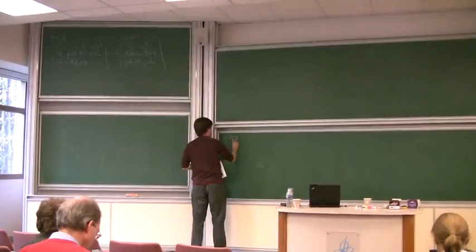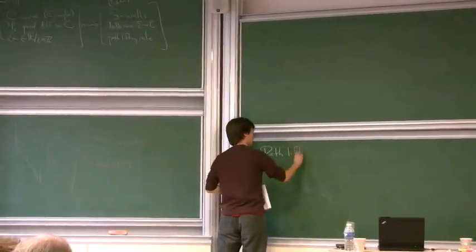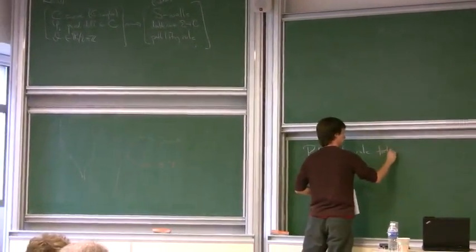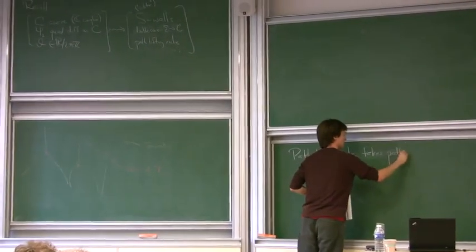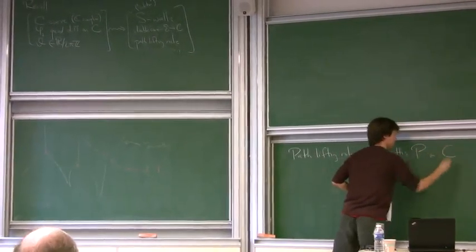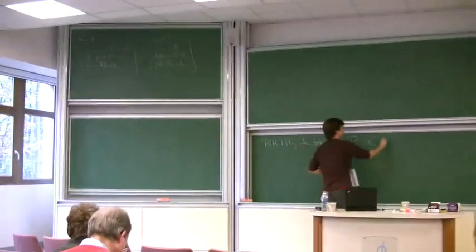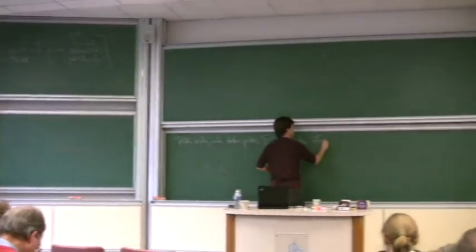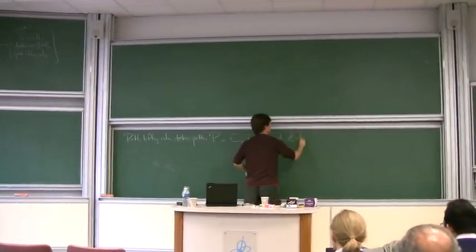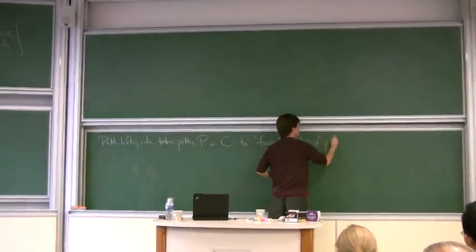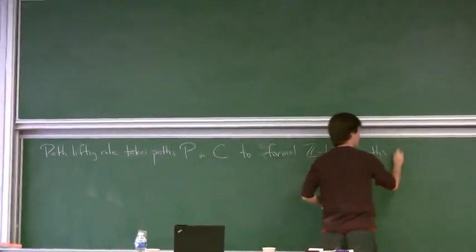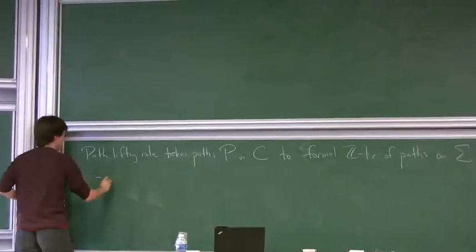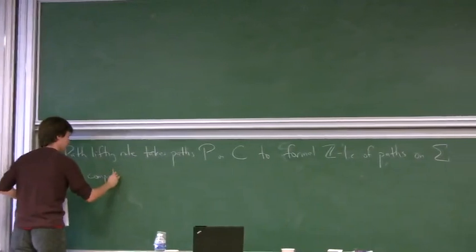The path lifting rule takes paths P on the curve C to, if you like, formal Z-linear combinations of paths on sigma, in a way that's on the one hand compatible with composition.